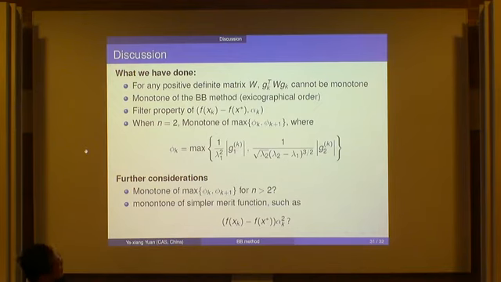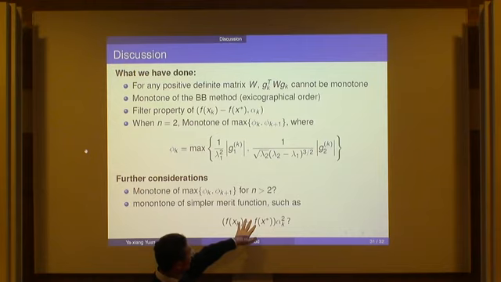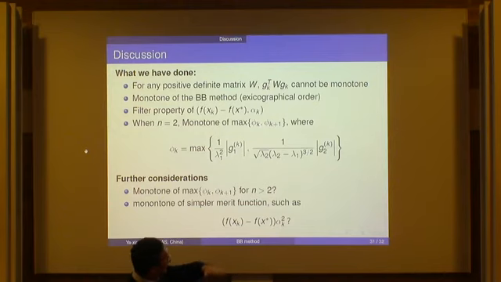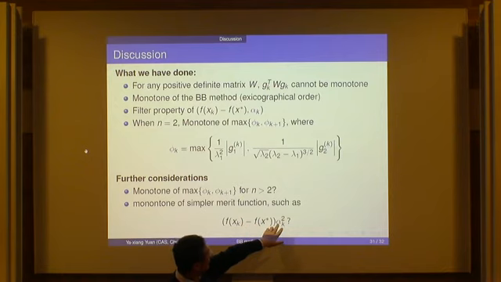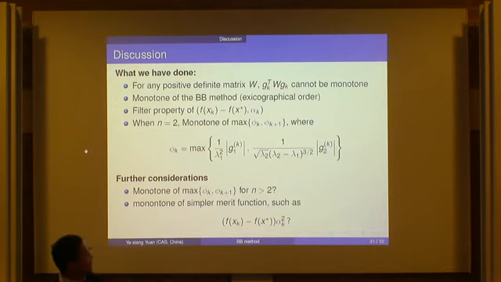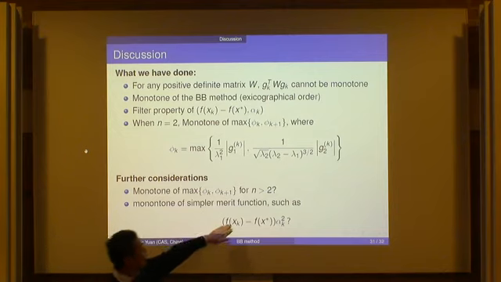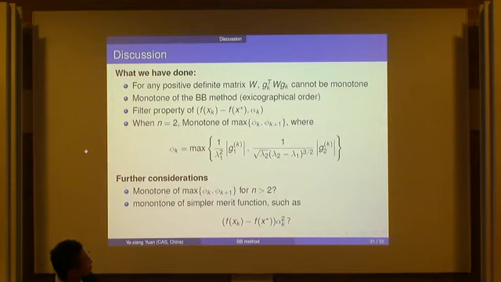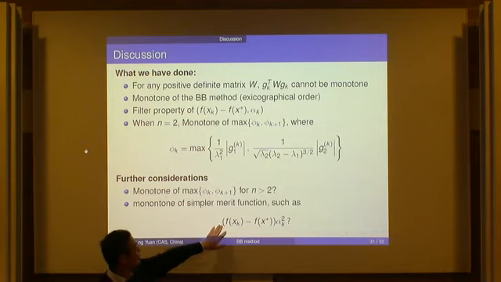Look at this fraction term. It looks very likely that if this is not reduced, this will be reduced. I compared the order of these, so basically this and the square of this are more or less in the same order. So if this reduces in a certain sense, this also reduces, and there might be a possibility to prove the monotonicity of this.